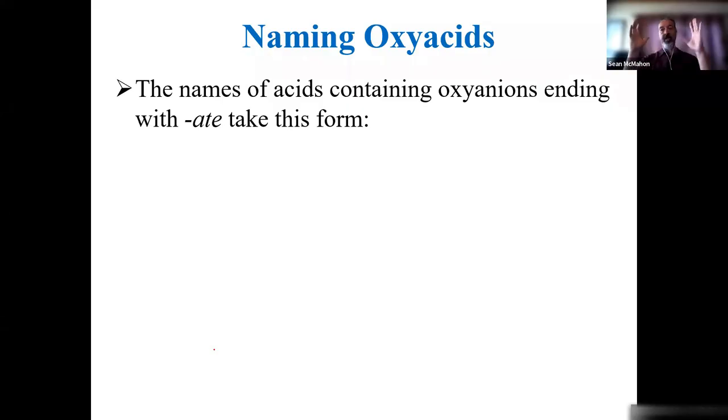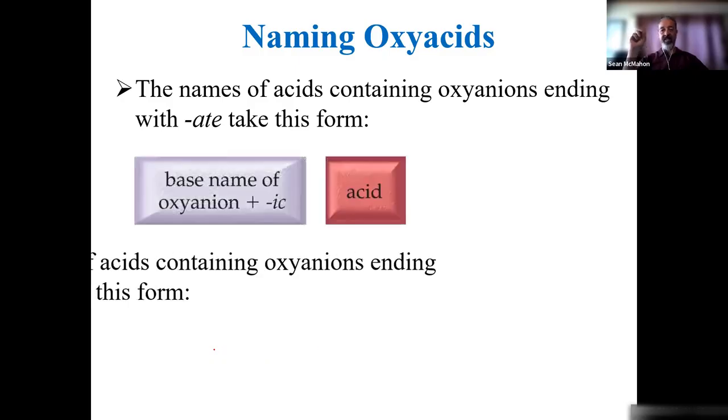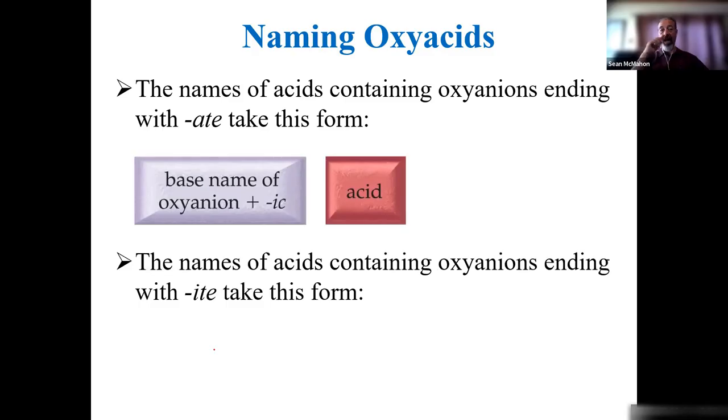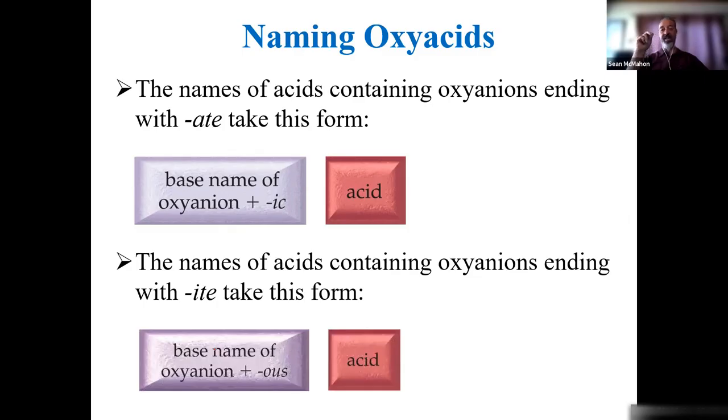Okay, with oxyacids, now there's the hydrogen that's going to dissociate to give me the proton. There's the nonmetal, and then there's the oxygens because it's an oxyanion. But we can use the -ate to derive the -ic acid. So I can use the -ite to derive what is called the -ous acid.